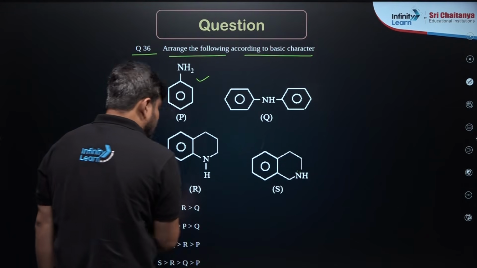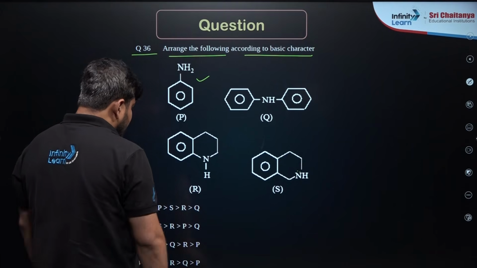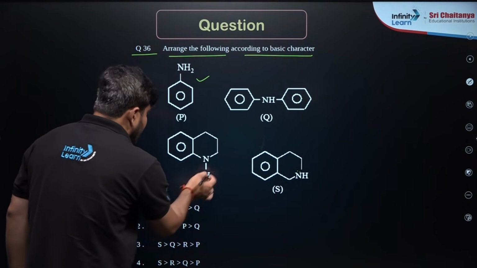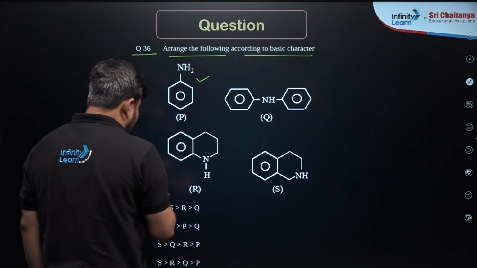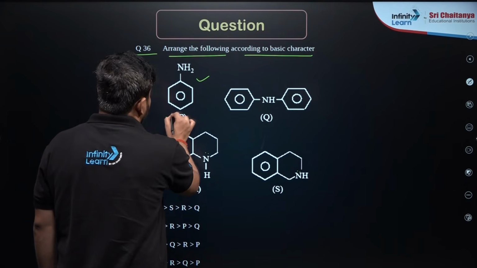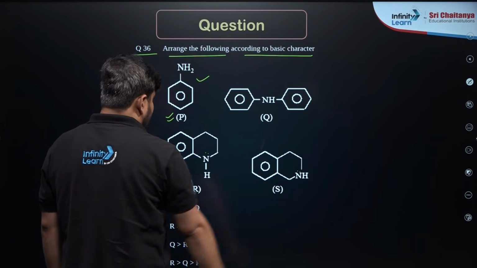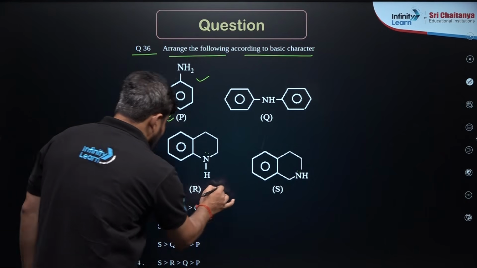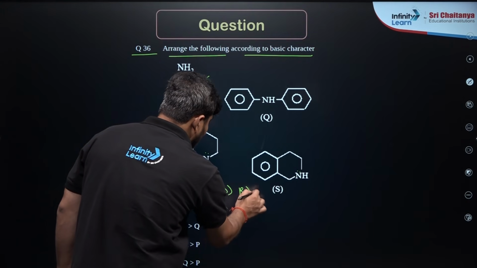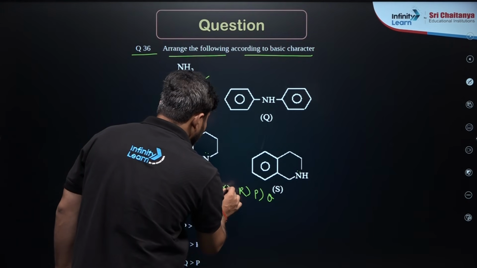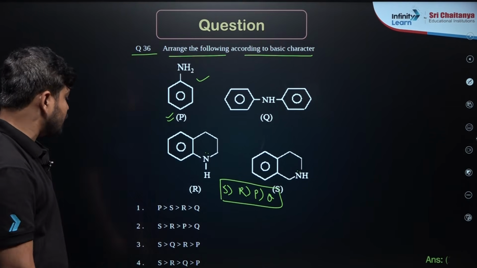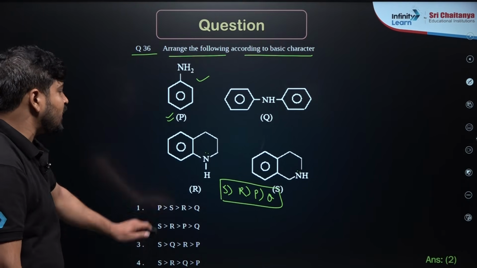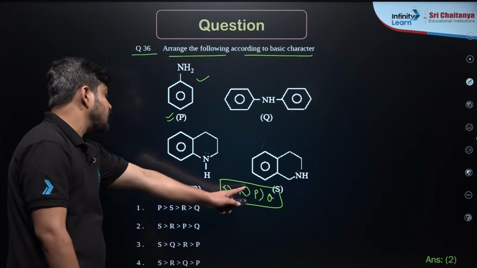So S is more basic, and then after that R. This will come in the second position, the third position will be P only, and the last position will be Q only. So which one is the correct order? S R P Q. Please remember, the correct basic order is S R P Q. So option second is the correct answer of this question.